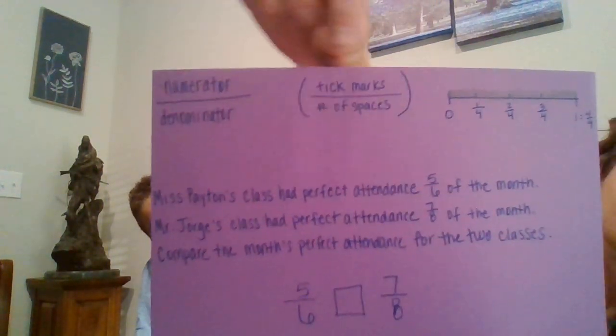Okay, so you're right about the tick marks. So look up here. Read this to me. Tick marks, number of spaces. But what's this note right here? Let's start on this side.